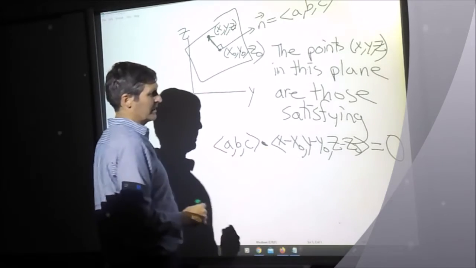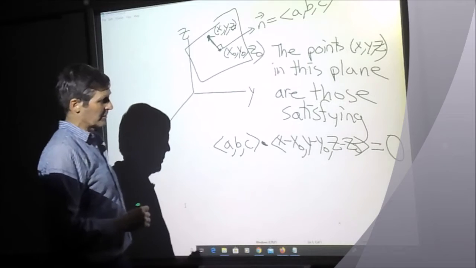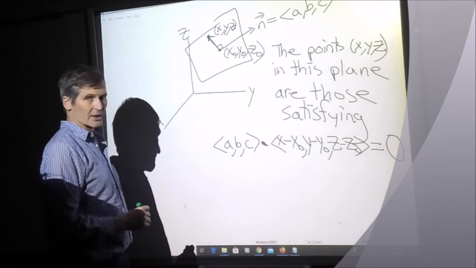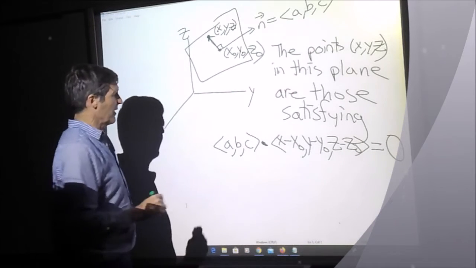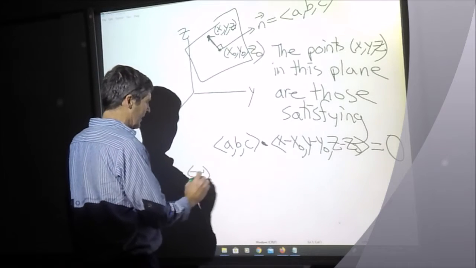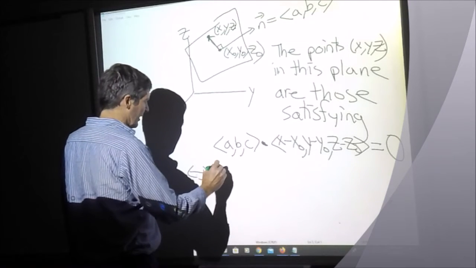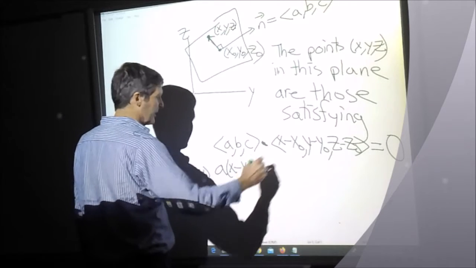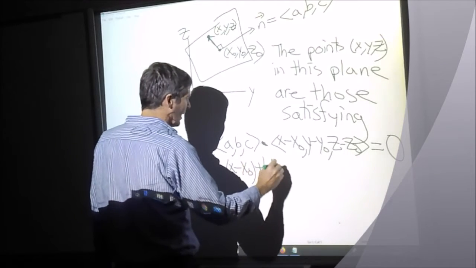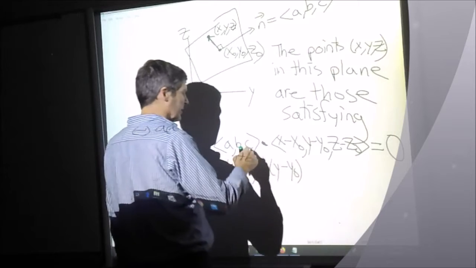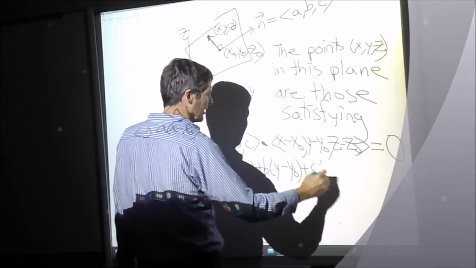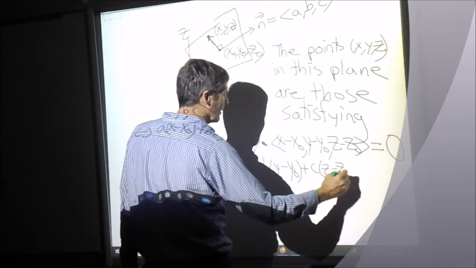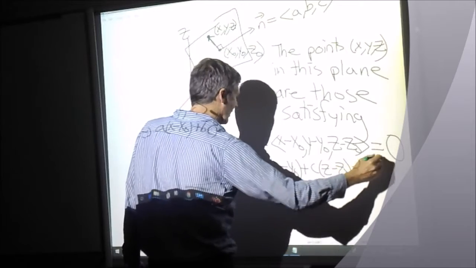a, b, c dot x minus x0, y minus y0, z minus z0 equals 0 is an equation for a plane. If we just multiply that out, equivalently we get a times x minus x0, plus b times y minus y0, plus c times z minus z0, equals 0.